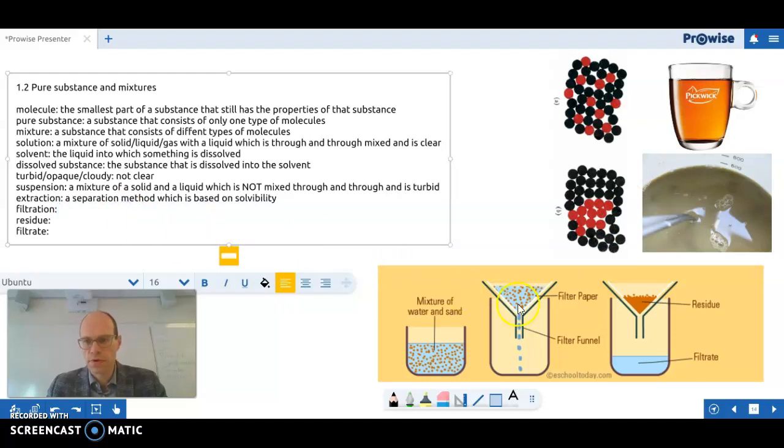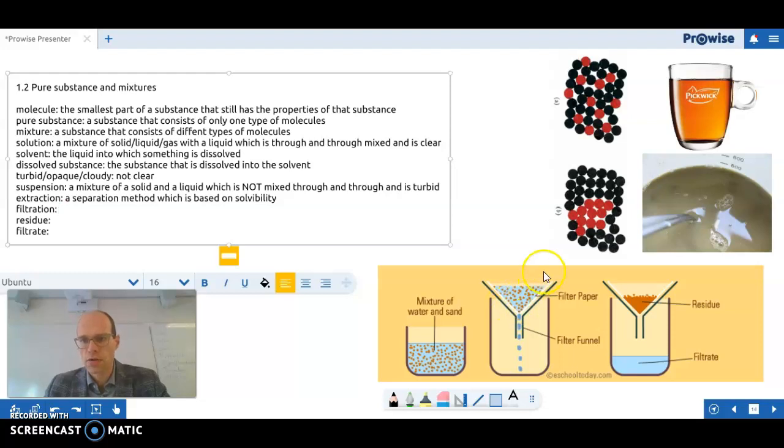And another separation method is, for instance, if you have here your suspension, and if you make coffee or also with tea, then you don't want the grinded coffee in your coffee, the tea leaves you don't want in your tea, so you filter it.